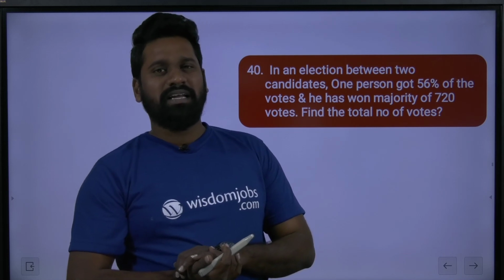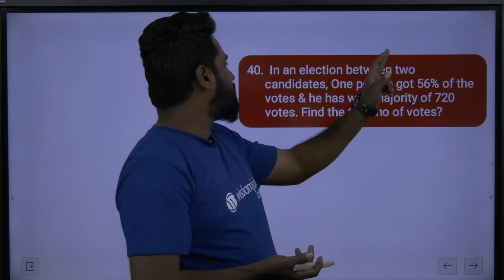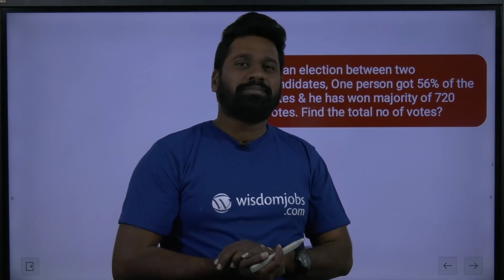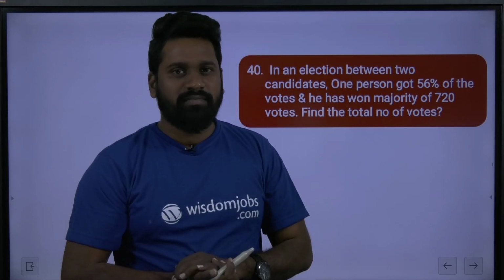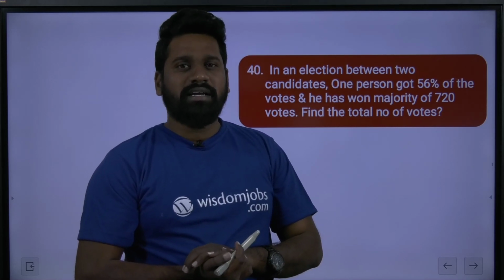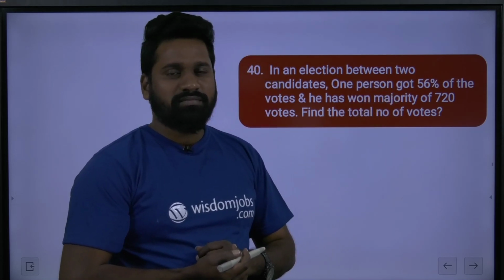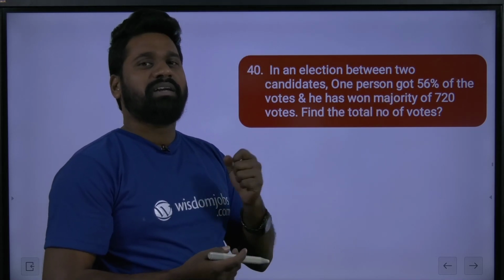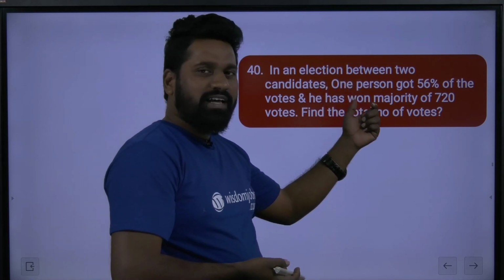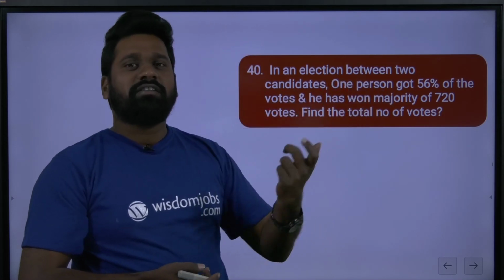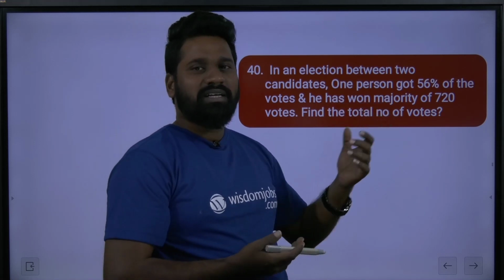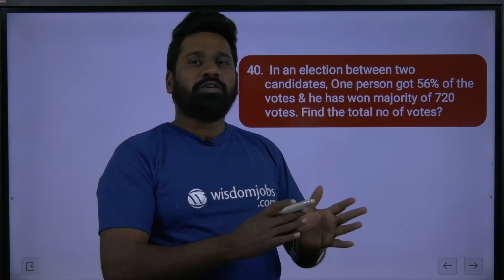If you observe clearly here only 2 persons are candidates, or 2 candidates participating in the election. Out of those 2 candidates, one candidate got 56% of the votes. And one more statement is also given. He is the winner and he wins by 720 votes. Majority is nothing but the difference between the 2 persons.